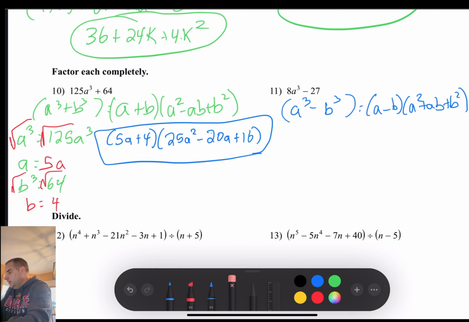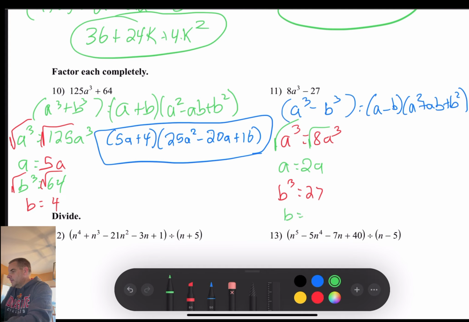So I find my a value. So my a cubed is equal to 8a cubed. Take the cubed root of that. That gives me a equals, cubed root of 8 is 2. So 2a. B cubed is 27.